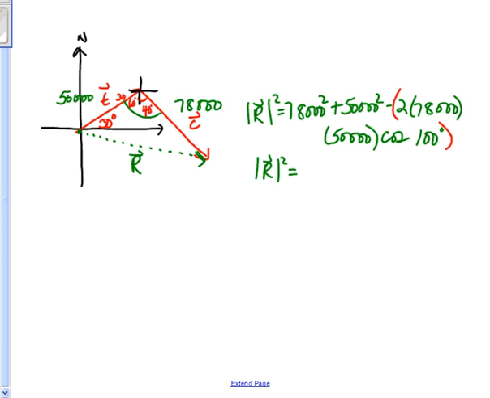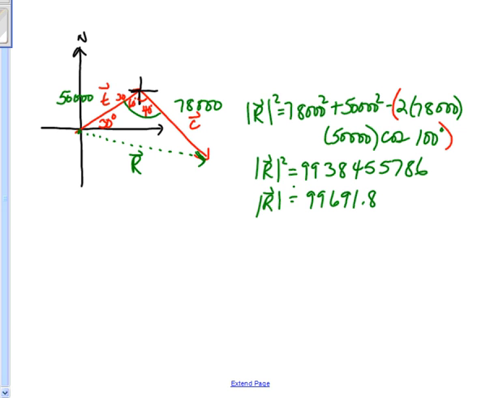Really big number again. The magnitude of R is the square root of that number. 99,691.8. Interesting. Same as before.